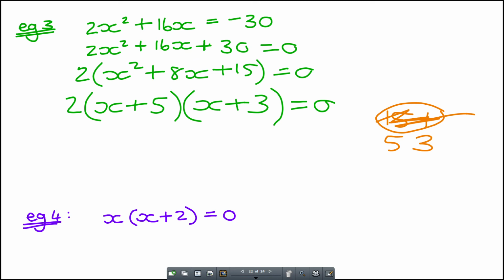Okay, because we looked at factors of 15. There we had them. No? And I've got to use those to get 8. And plus 5 plus 3 gave me 8. So that's why I say plus 5, plus 3.